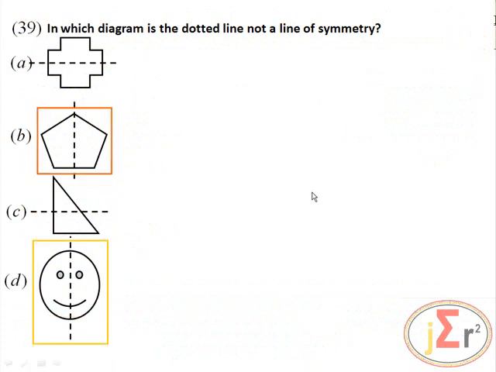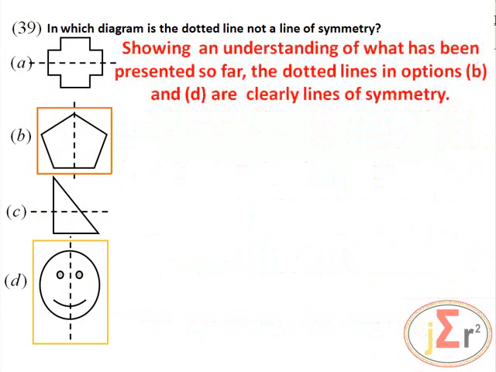Which one does not represent a line of symmetry? Showing an understanding of what has been presented so far, the dotted line in options B and D are clearly lines of symmetry. Why?